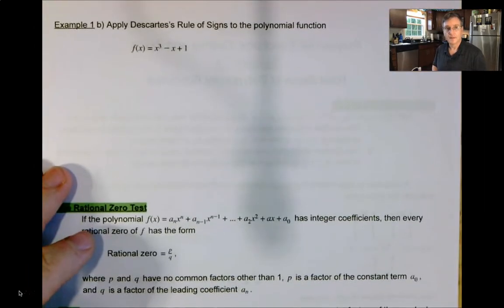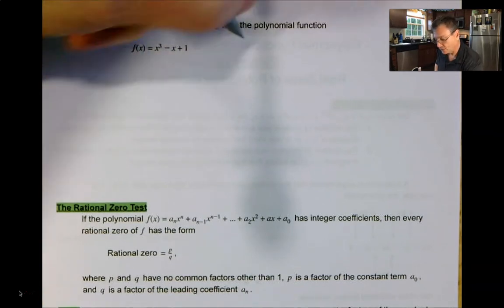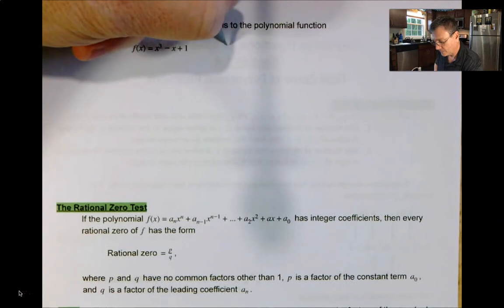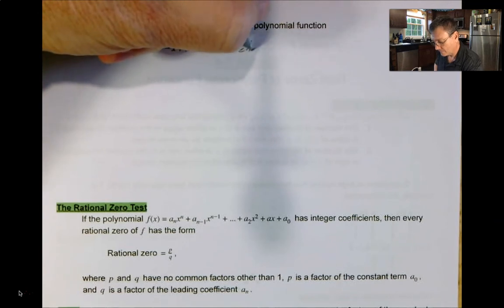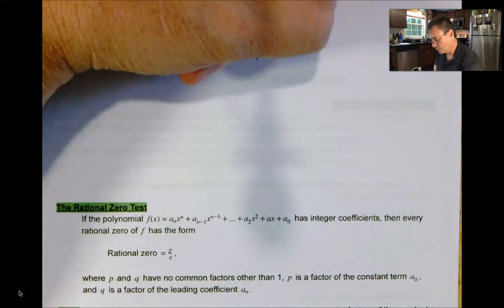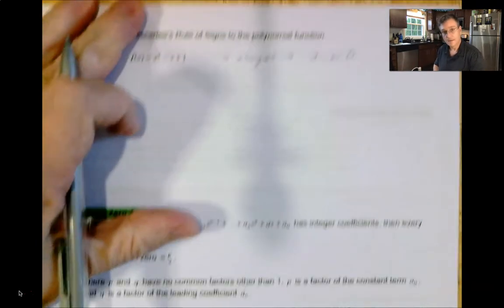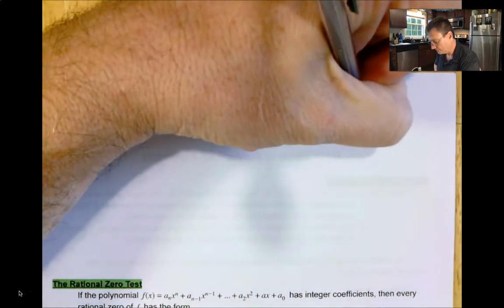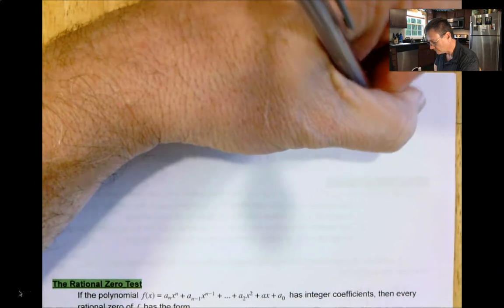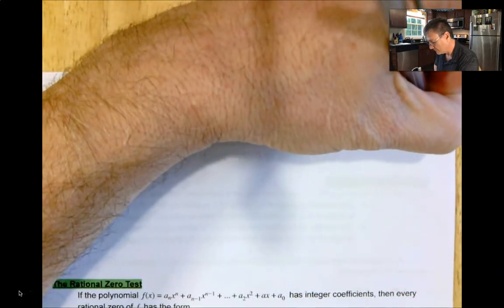Part B. Do the same thing again. Here we have positive, negative, positive. That's 2 changes. That means that there are 2 or 0 positive real zeros.